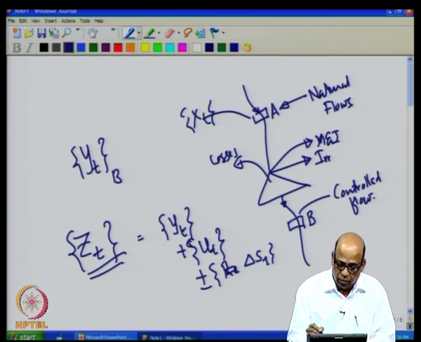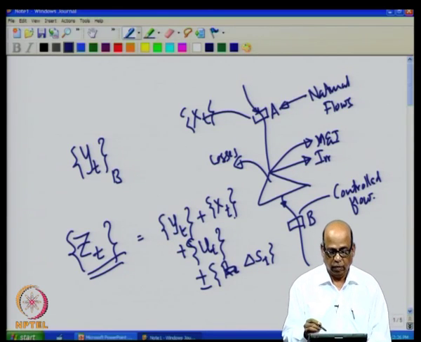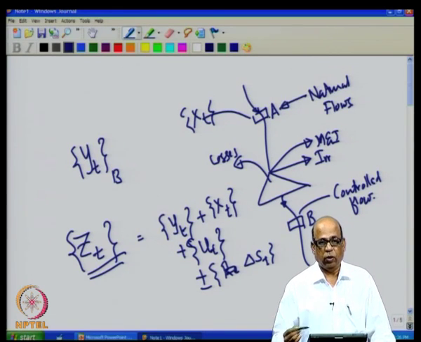So, YT should consist of what has come here at this particular point plus what has been utilized from that, plus or minus whatever storage effect that is taking place. So, I will also add to this the flow that is naturally occurring at this particular location.